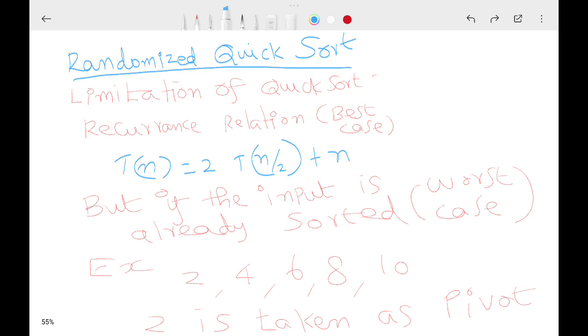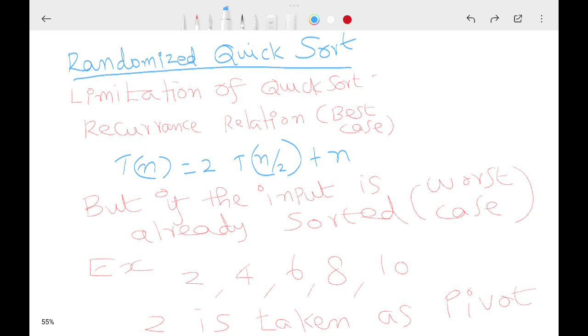The best case is when the pivot element exactly splits the entire array into two equal sized halves. That means it splits in such a way that both the left subarray as well as the right subarray have equal size. So this is the best case in quicksort.